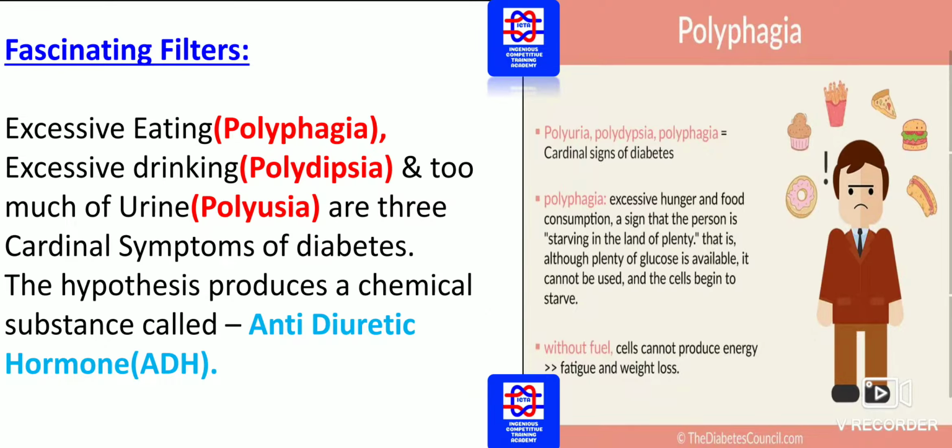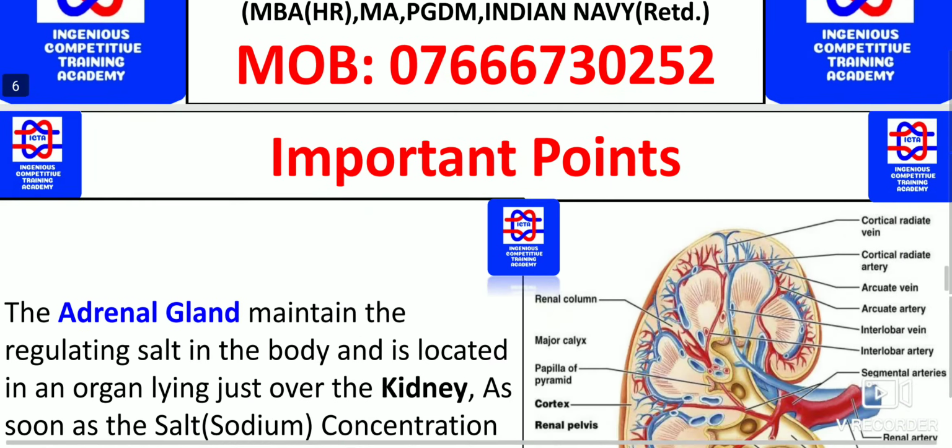Polyphagia, polydipsia and polyuria are the three cardinal symptoms of diabetes. The hypothalamus produces a chemical substance known as antidiuretic hormone, that is ADH.